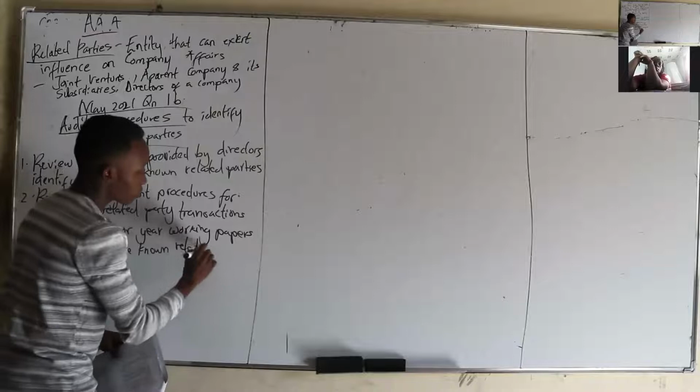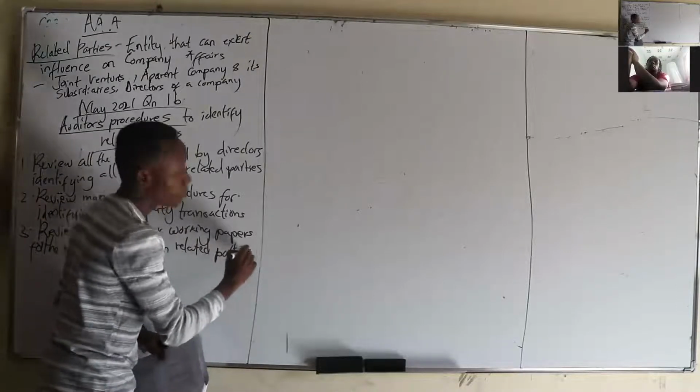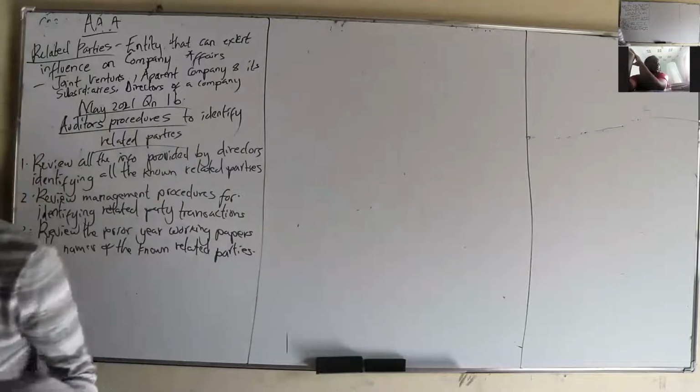So these working papers will help him identify the related parties that were already highlighted by the previous auditor.